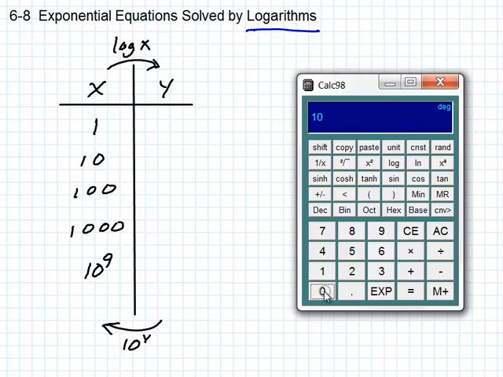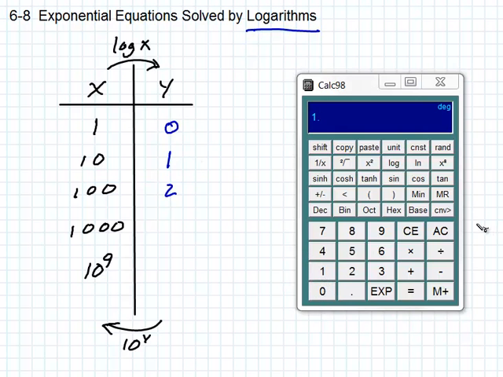For instance, if I type in 100 and hit log, it says 2. So that means the log of 100 is 2. Okay, let's look at some logs of some of these other numbers. What's the log of 1? Hit 1 and hit the log key and it says 0. What about 10?